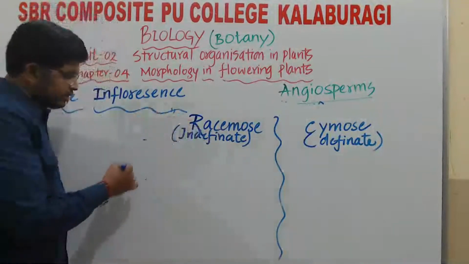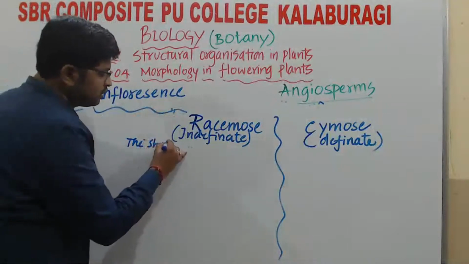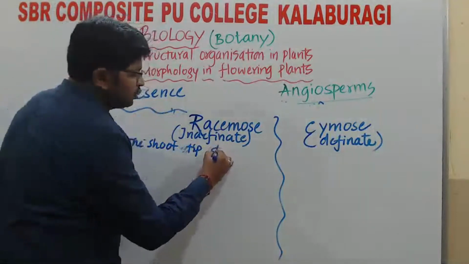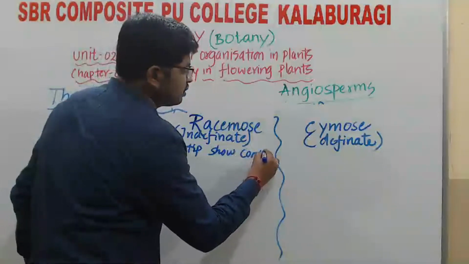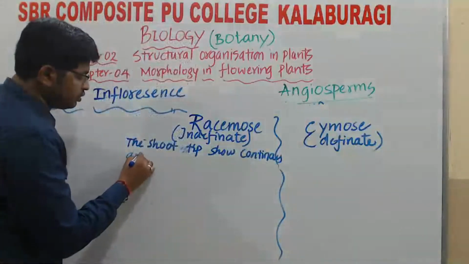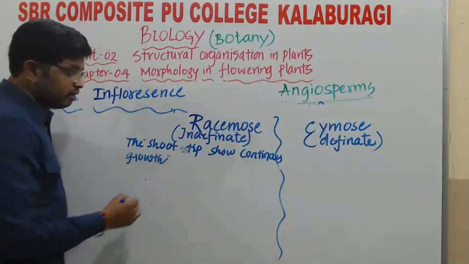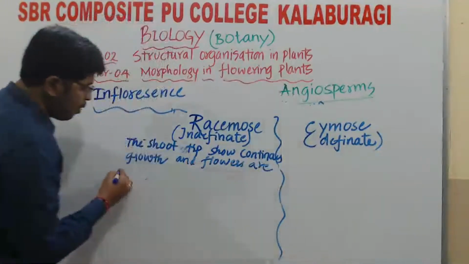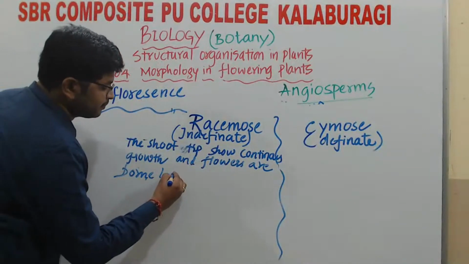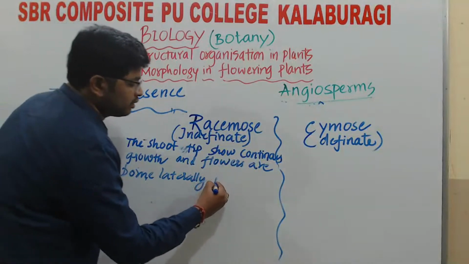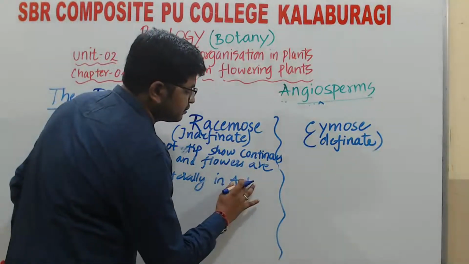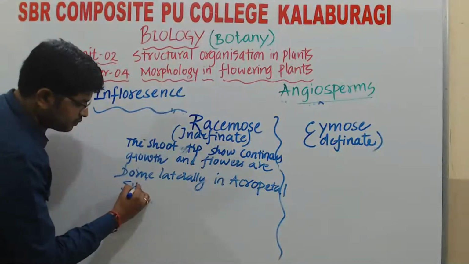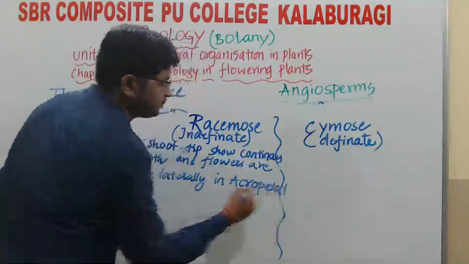Here, as the name says, the shoot axis, the shoot tip, shows continuous growth, and flowers are borne laterally in acropetal succession.